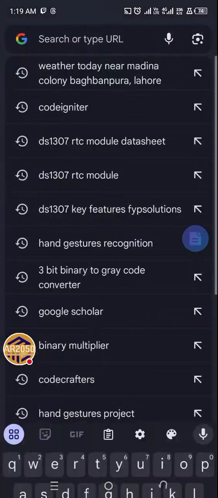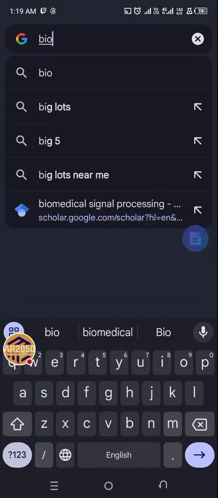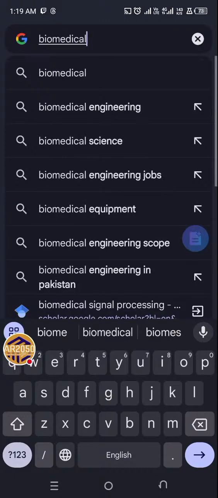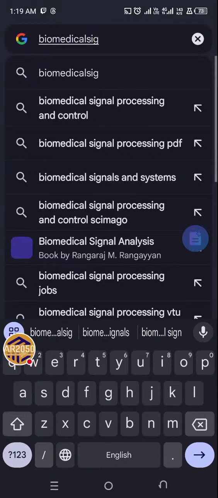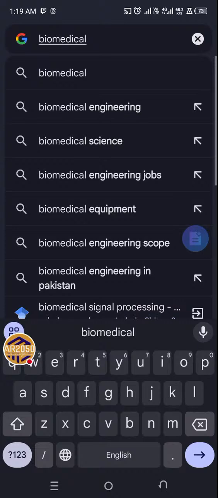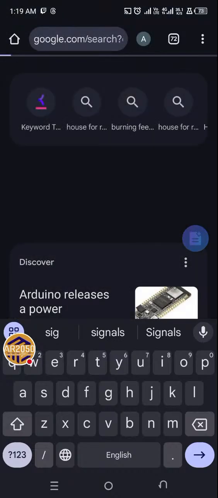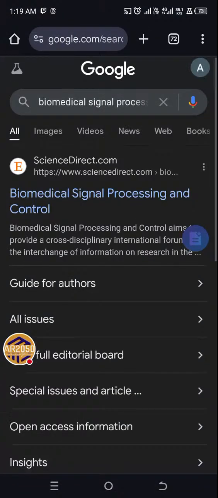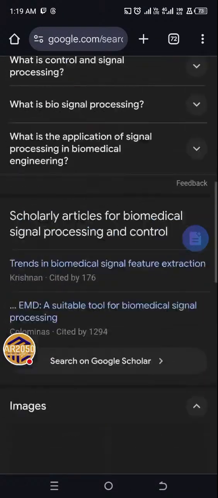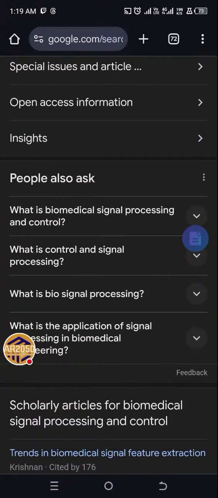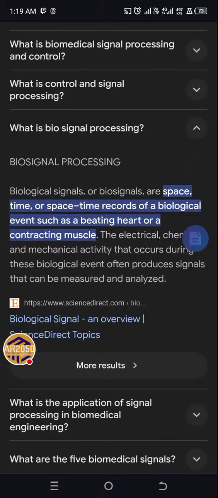Let's see what a simple plain Google search tells us about the biomedical signal. What is biomedical signal processing?